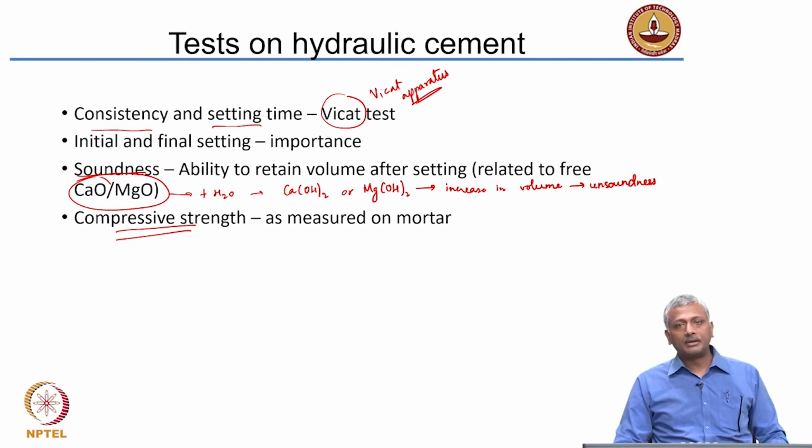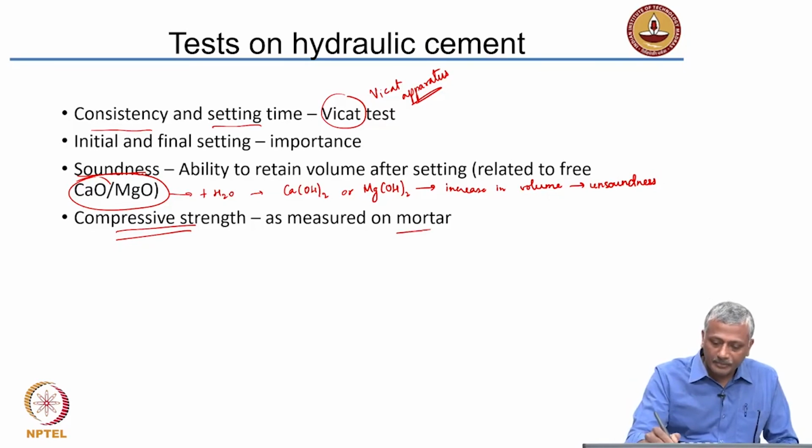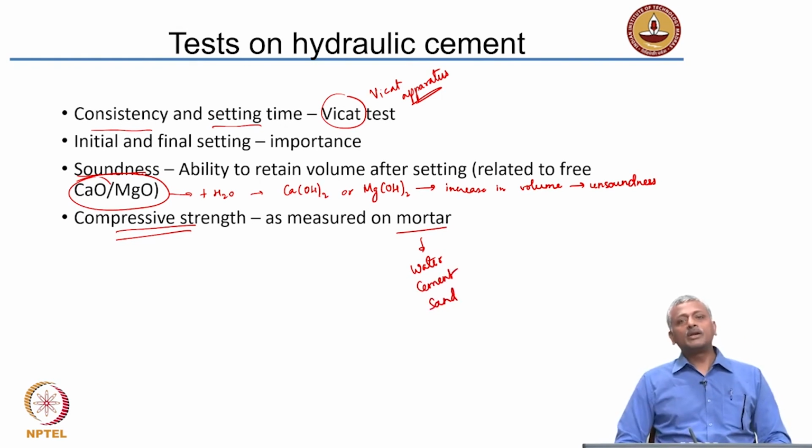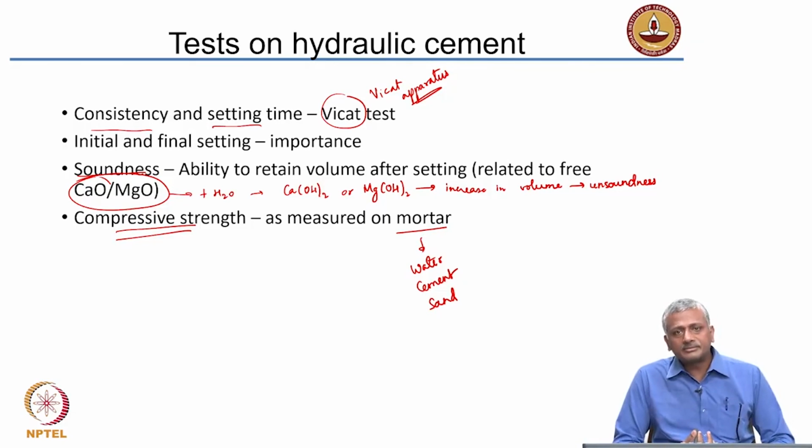Now, interestingly, the compressive strength of the cement is not measured on just a mixture of cement and water, it is measured on mortar. That means it has some part of water, cement and sand. Why do we want to use mortar to determine the strength of the cement?